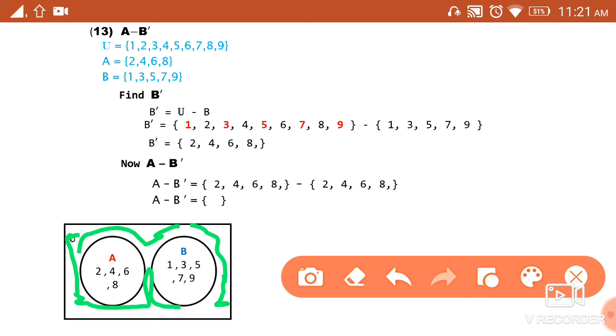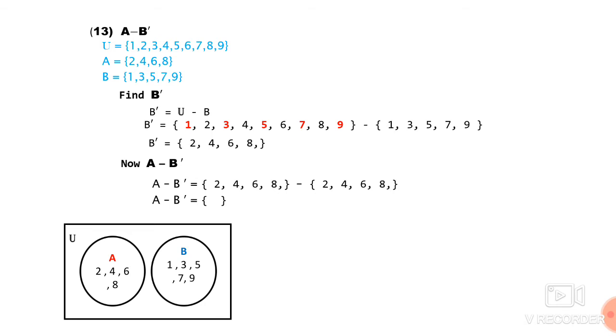You can shade this part. Because the answer is null set, it means we have to shade the part which is empty, and the part outside both the circles is the empty area, so we will shade it. Part 13 is done. We are going to start question number 14.